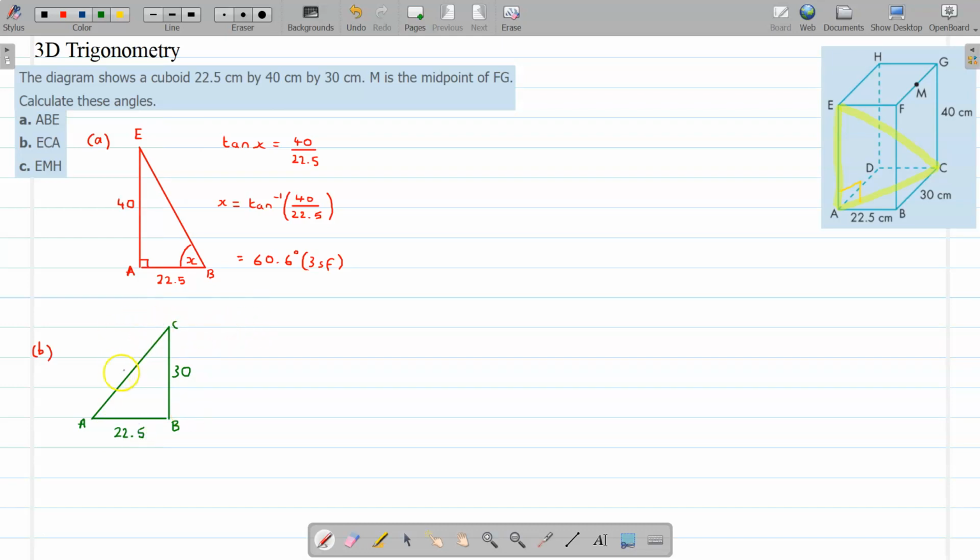So I want to know what this length is here, and I'm going to call that length Y. Using Pythagoras' theorem, I don't need to use any trigonometry here. Y squared is equal to 30 squared plus 22.5 squared.